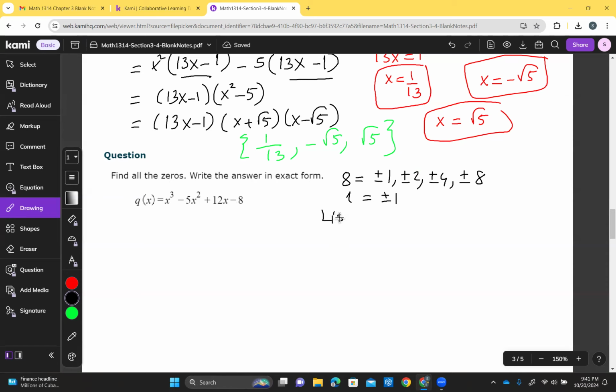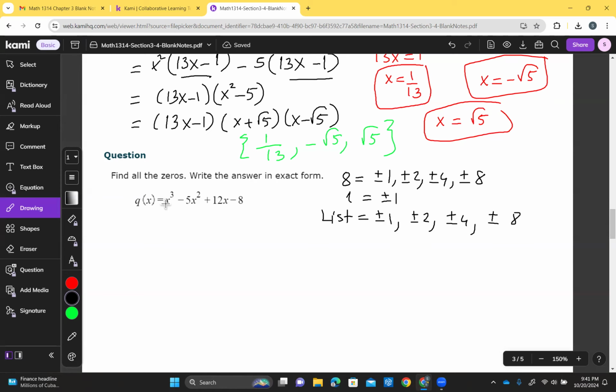So when I create the list of the possible rational zeros, 1 divided by 1 is 1, 2 divided by 1 is 2, 4 divided by 1 is 4, and 8 divided by 1 is 8. Okay? So I'm going to use one of these numbers to do the synthetic division and check if it's actually a zero or not.